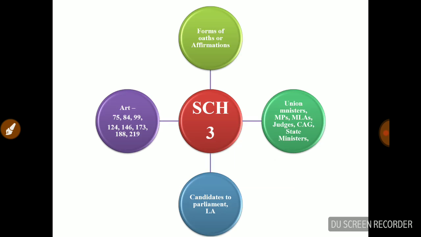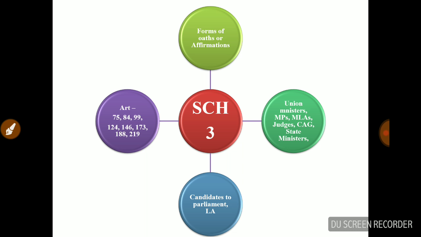Now we talk about Schedule 3. Schedule 3 talks about the forms of oath and affirmation. The pledge these ministers are going to take, right? Not only ministers: Union ministers, MLAs, MPs, judges, the CAG or Comptroller and Auditor General, state ministers, and candidates for the President, candidates for the Parliament, and candidates for the Legislative Councils or Assemblies all need to follow the oath and affirmations mentioned in Schedule 3.